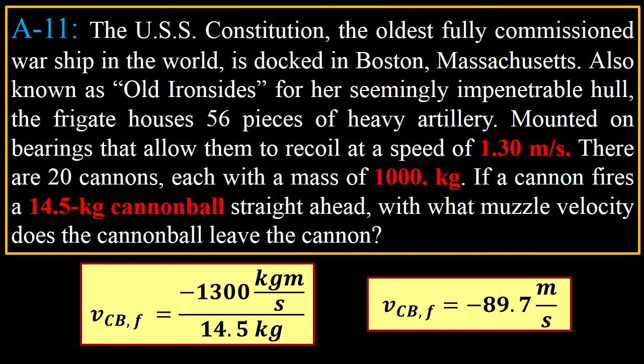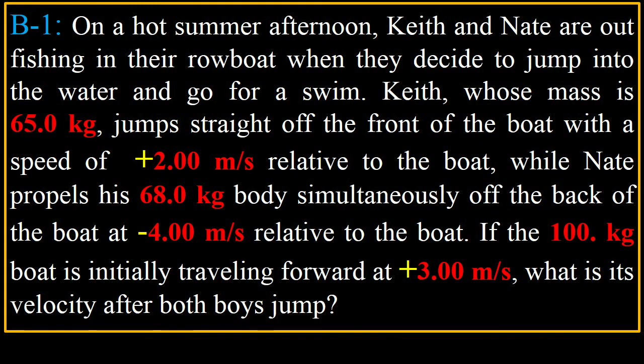The next problem is going to be a little bit more confusing, so we'll slow things down again for it. So you can see that it is negative 89.7 because the recoil was given as positive 1.3, so it's the opposite.